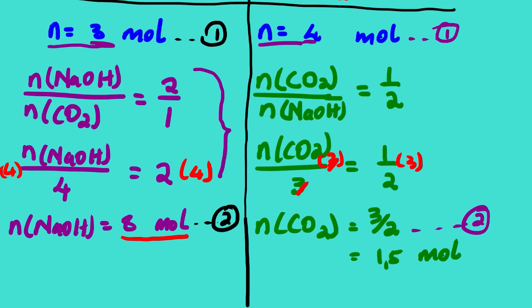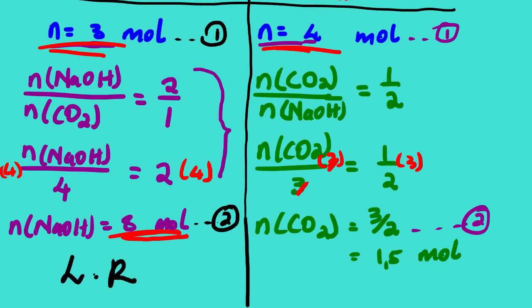But comparing the two, we don't have 8 mole, we only have 3 mole. So we don't have enough to react this completely. In order to react this completely, we need 8 moles of this, but we only have 3 moles. So this confirms that since we have an insufficient number of moles of sodium hydroxide, our sodium hydroxide will be the limiting reagent.